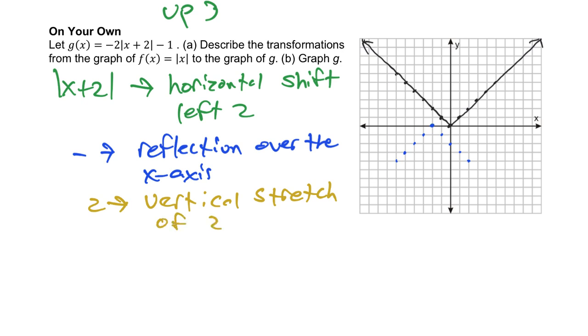Vertical stretch. This means you want to multiply each y value. So 2 means double. So if I look at my y value of this first point here, the vertex, that's a 0. So if I double that, I get 0. So it's going to stay 0. 1 below. So if I'm at -1 right here, double that would be -2.